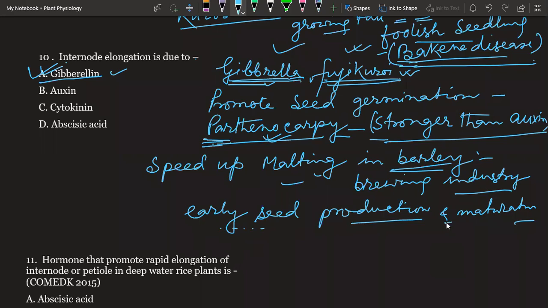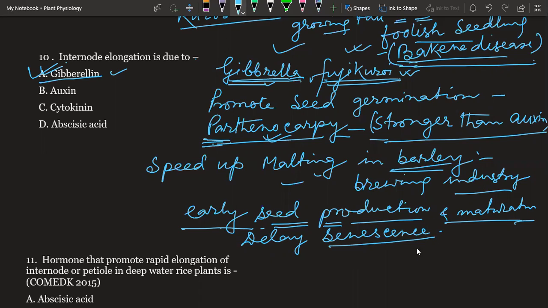This also can delay the senescence process. This is very important, as I told you that different hormones have different effects on different groups of plants. It delays senescence, that is aging and death.